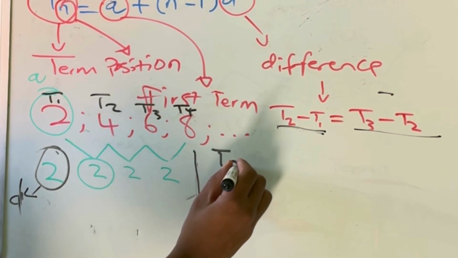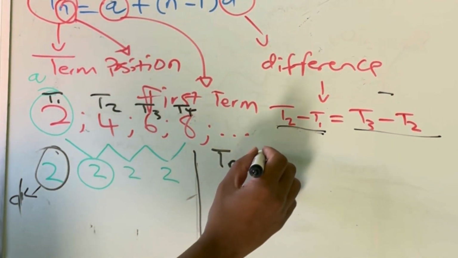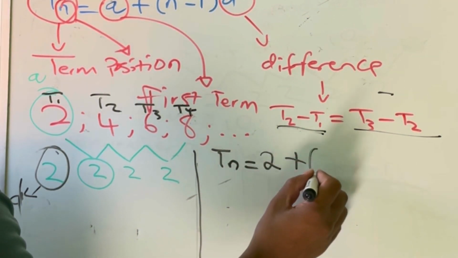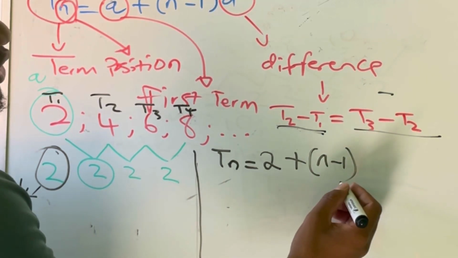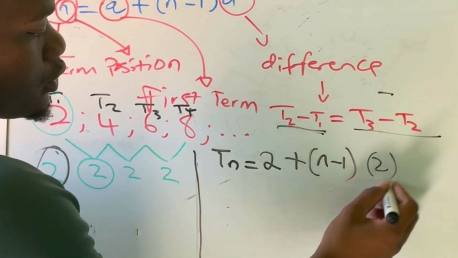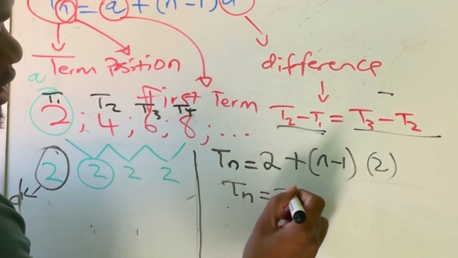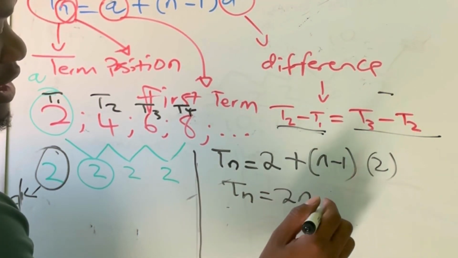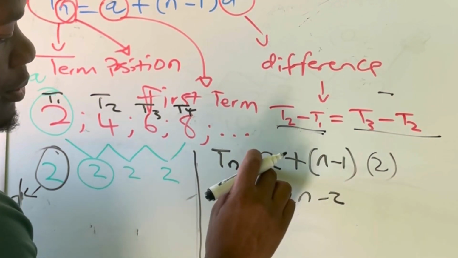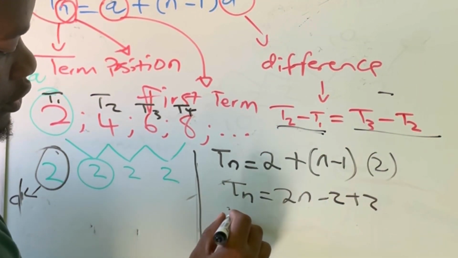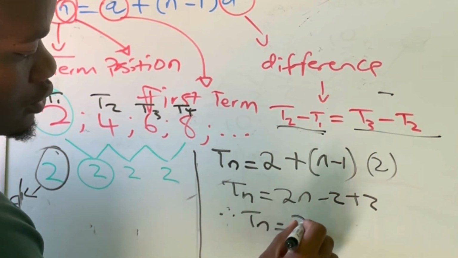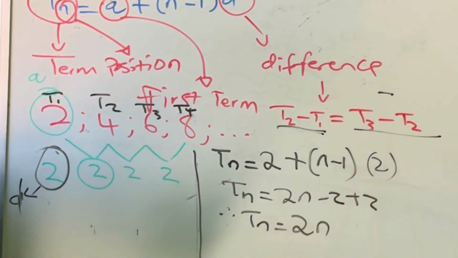So we have Tn equals, the first term is 2, plus n minus 1, the difference is 2. Now Tn equals 2 times n is 2n, 2 times negative 1 is negative 2, plus that 2. Therefore, Tn equals 2n. Right.